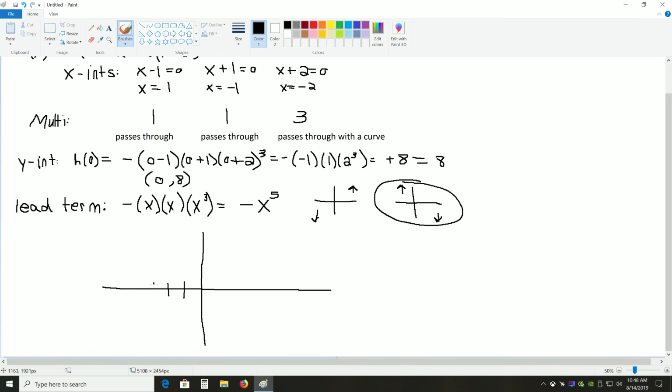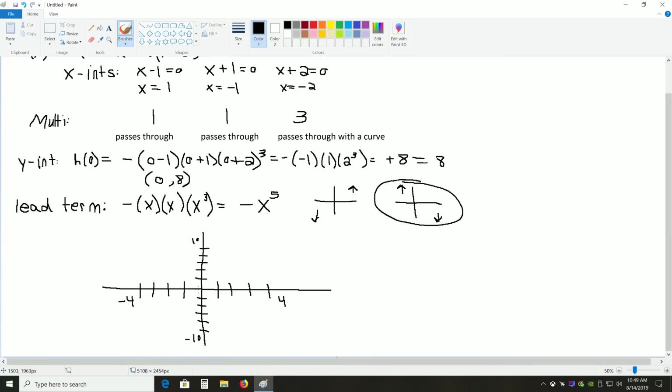So I'm going to put some tick marks on the graph here from -4 to +4, and then I'm going to go all the way up to about 10 on the y-axis because we need to plot the point 0, 8 at some point. So I'm going to make my y-axis tick marks by 2's for sake of room. So from 10 and -10.